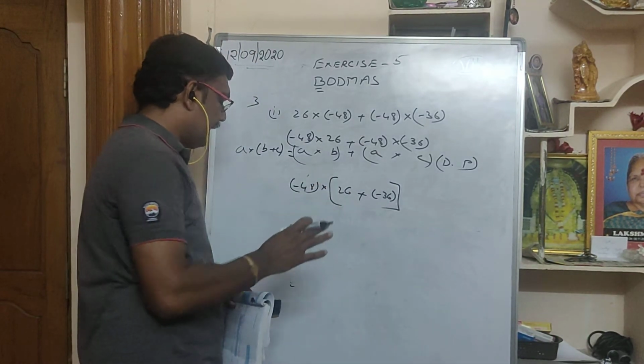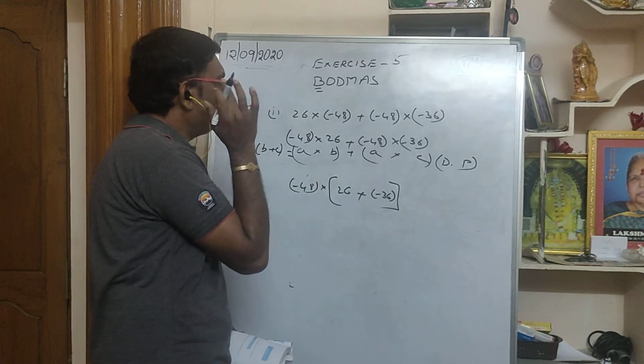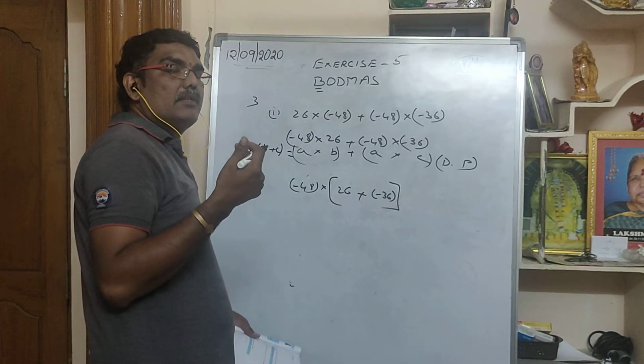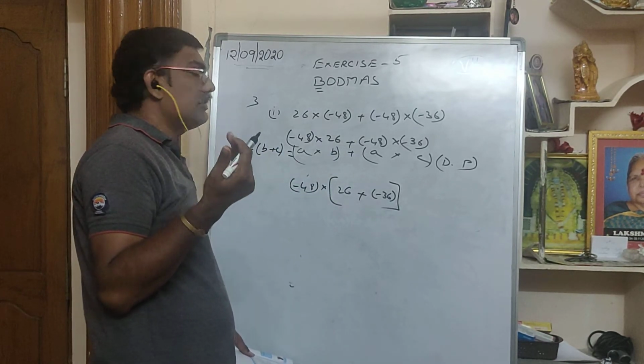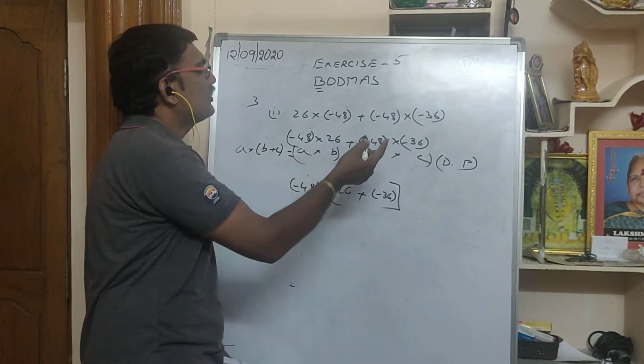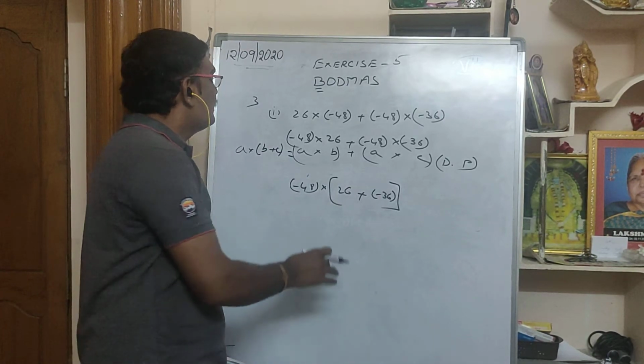Do you have any doubt? By seeing this you should know which property you can apply. A into B plus A into C, so I used the distributive property over here. Now simplification.